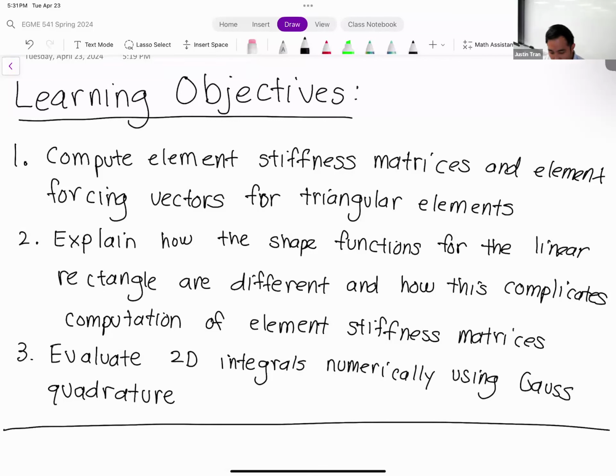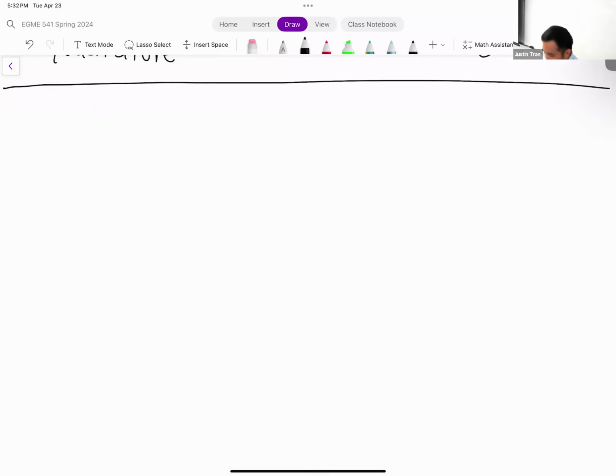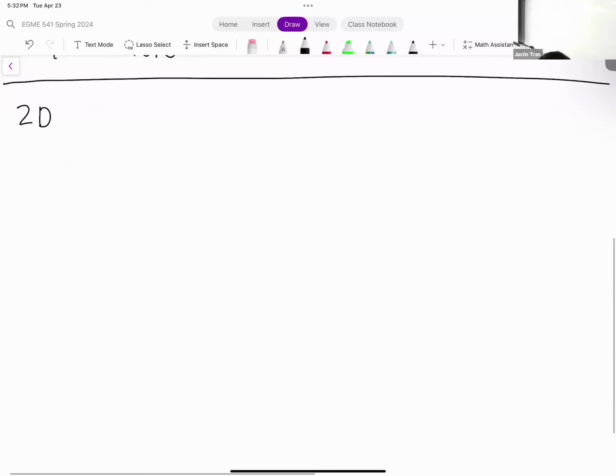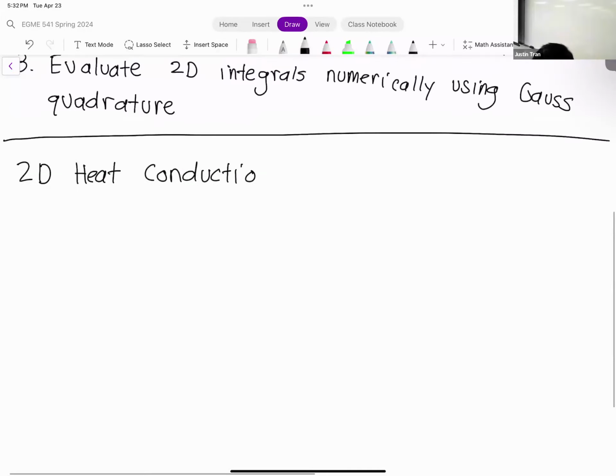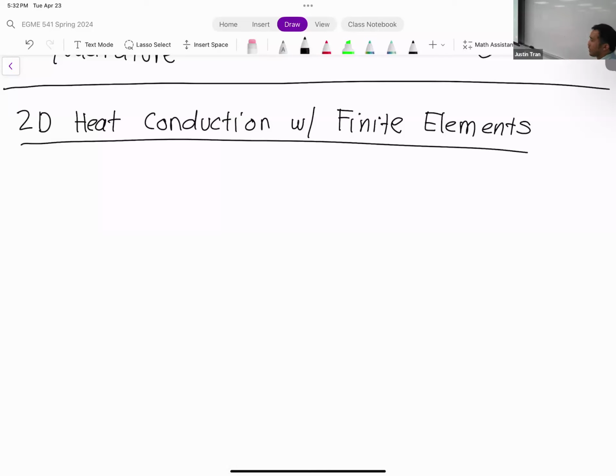Where we were last Thursday, we were going over 2D finite elements, in particular 2D heat conduction. In other words, we're solving heat conduction problems using finite elements.